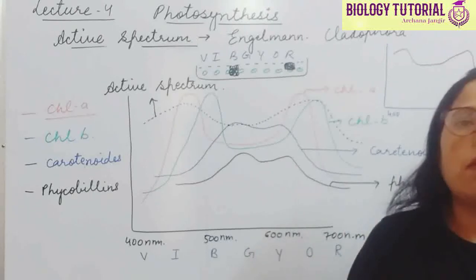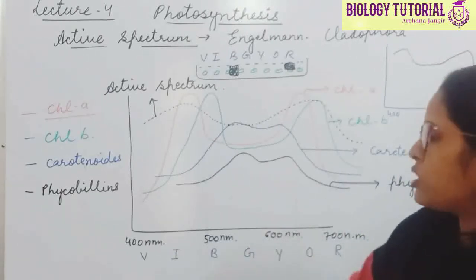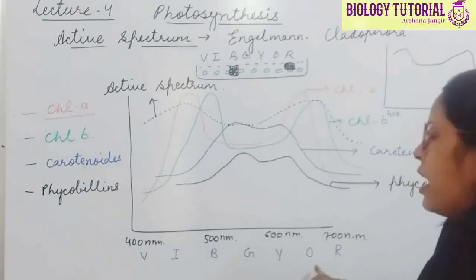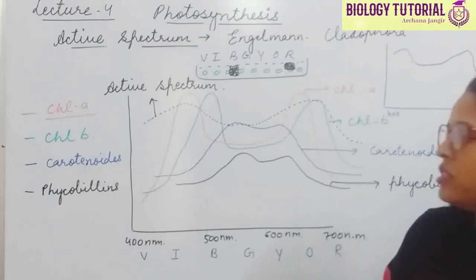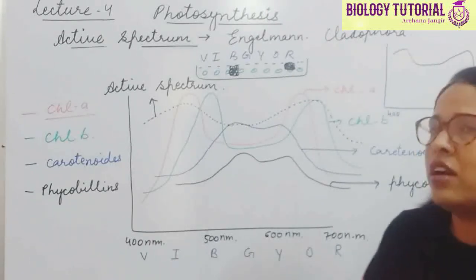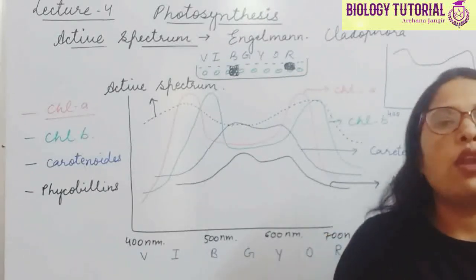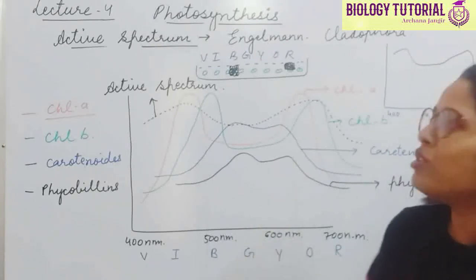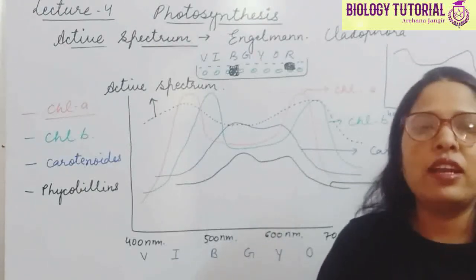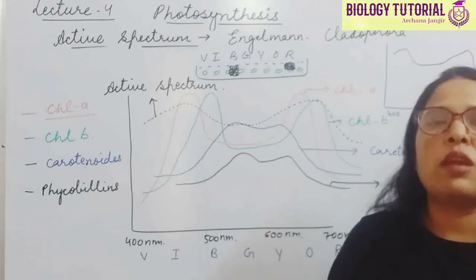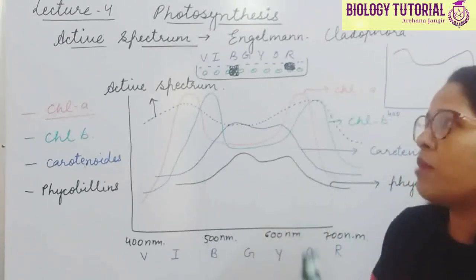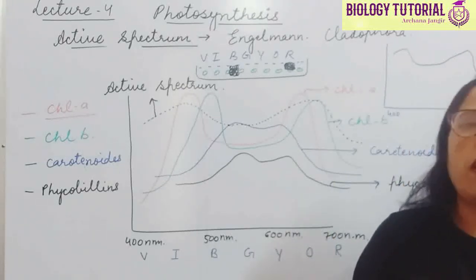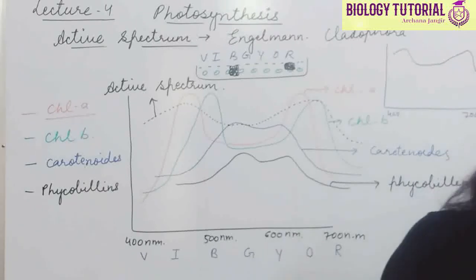But the maximum absorption of light takes place in blue light and in red light. It means between 500 to 700 nanometer of light. Clear? So this is all about the quality of light and what type of spectrum is obtained here, that is the absorption spectrum and the active spectrum.